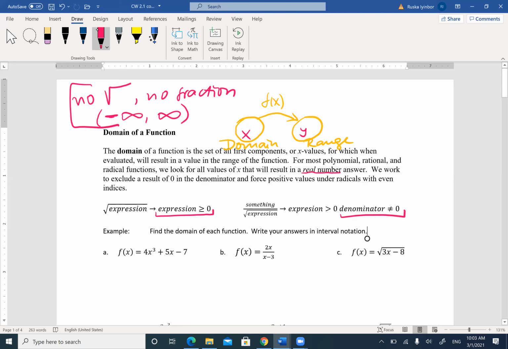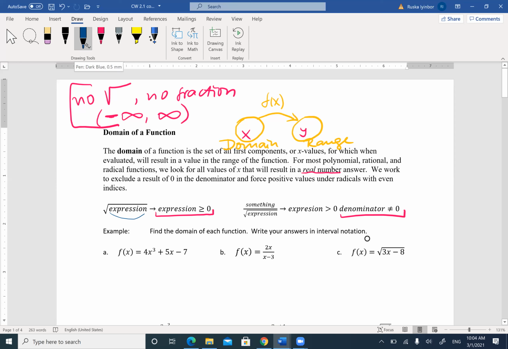If you have a square root, how do you find the domain? The expression inside the square root has to be always greater than or equal to 0. That's how you find the restrictions. Now, if you have fractions, something over something, the denominator is not 0.